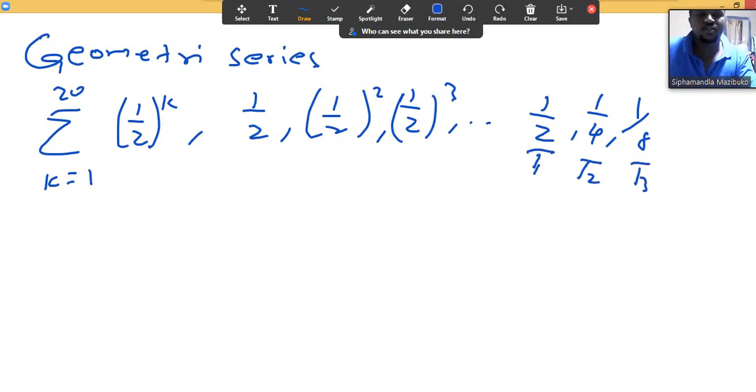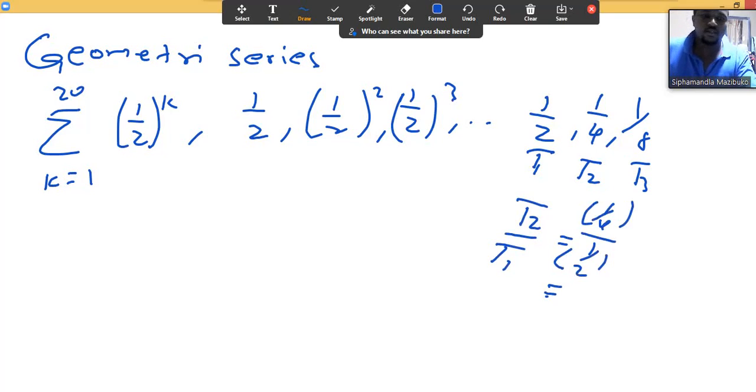If you take term 2 divided by term 1, that is 1 over 4 divided by 1 over 2, which gives 1 over 2.